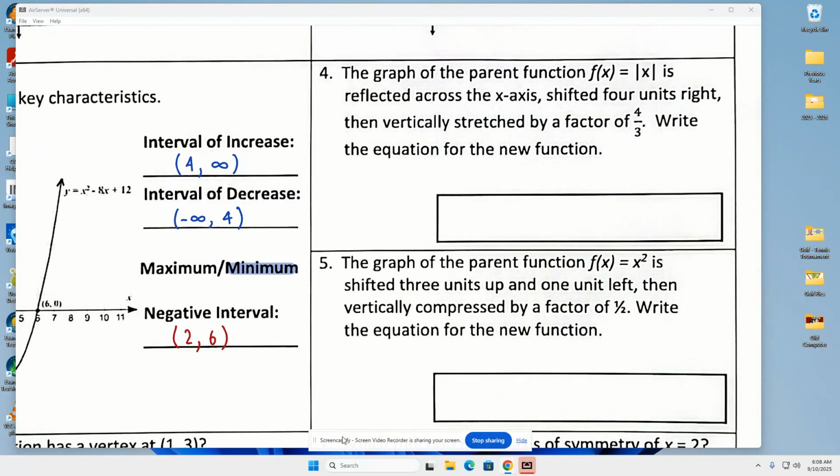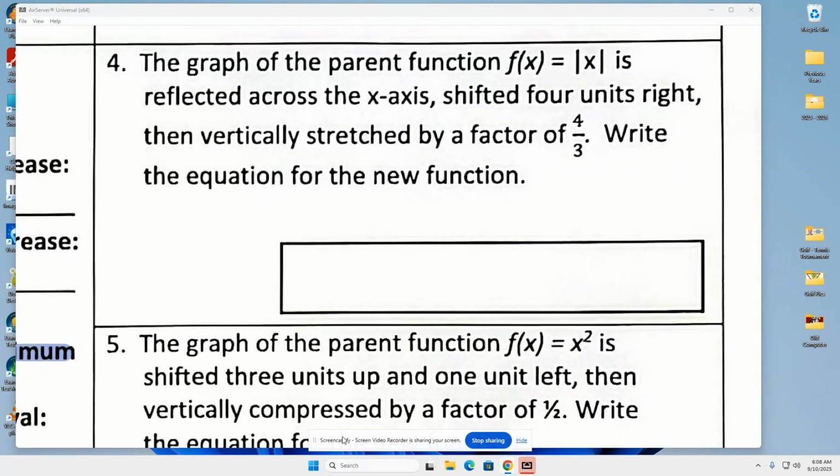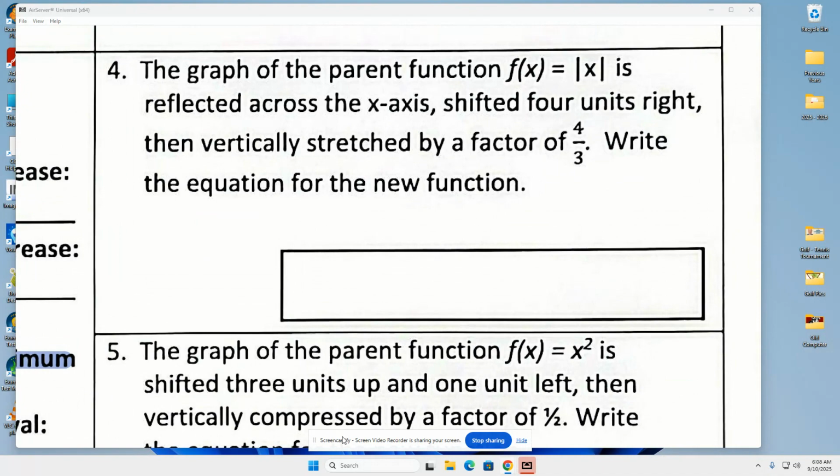All right, let's move along here to number 4. Number 4 and number 5 have to do with transformations. Remember, there are 3 types of transformations. You can go back and look in your notes. Those 3 different types of transformations were dilations.